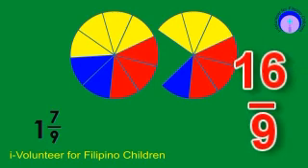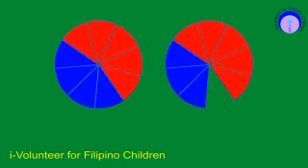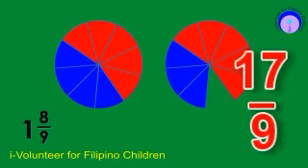The improper fraction is 16/9. Can you tell me about its mixed number? The improper fraction is 17/9.